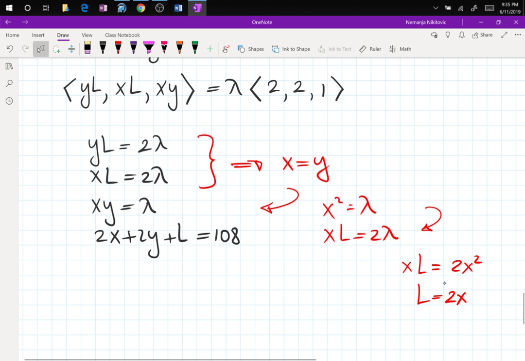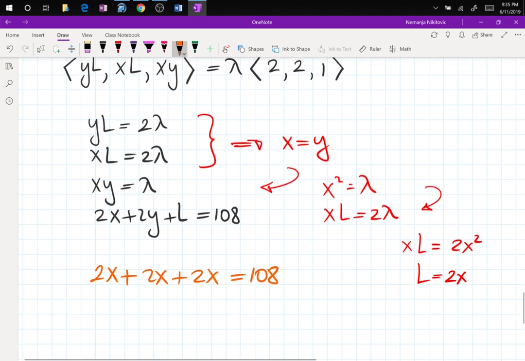So now I can plug everything into my equation here. I have 2x plus another 2x because x equals y, plus instead of L I write 2x as well, equals 108.